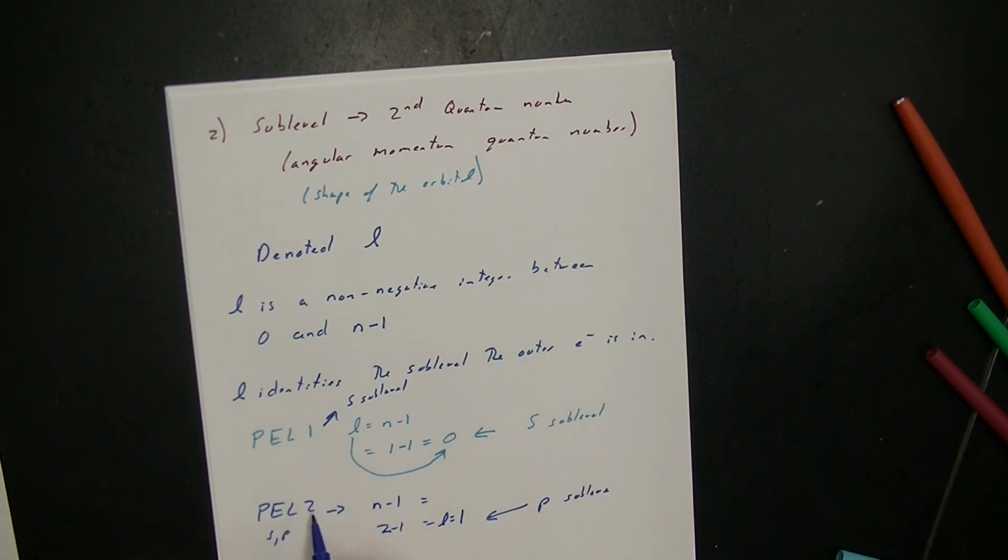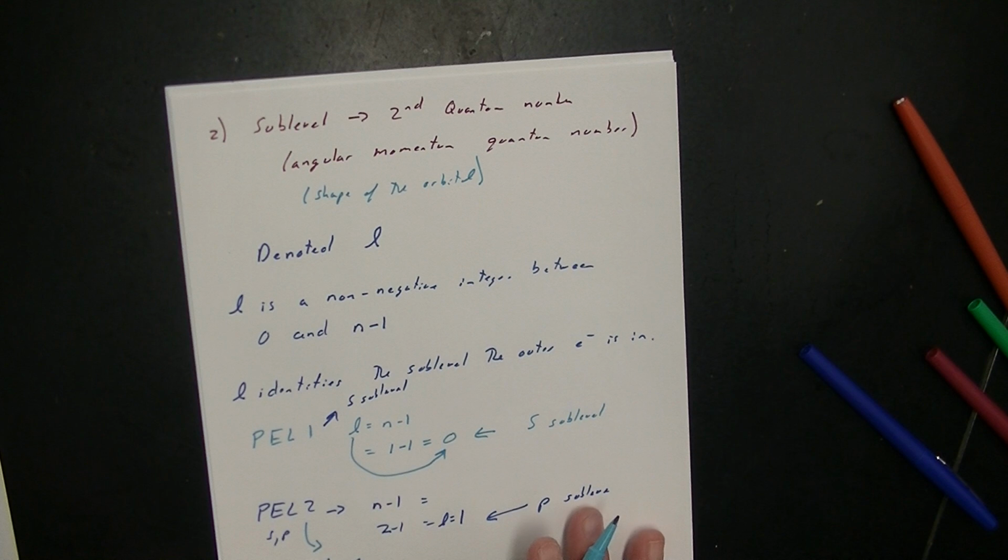Now remember, PEL 2 still has an S. So in principal energy level 2, L can equal 0 or L can equal 1, and it depends on where the electrons are. If the last electron is in the s orbital, the second quantum number would be 0. If it's in a p, the second quantum number would be 1.